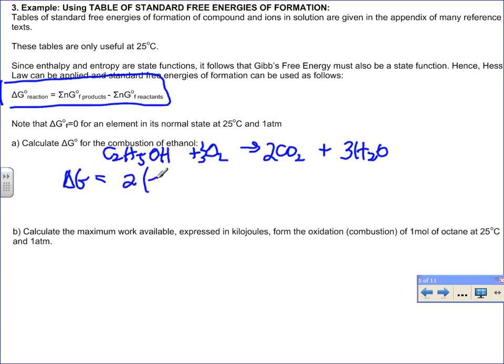As with the enthalpy and entropies, Gibbs free energy is an extensive property, meaning that it depends on the number of moles of the substance, and that's why we need to multiply by the coefficients when we're taking the sums.